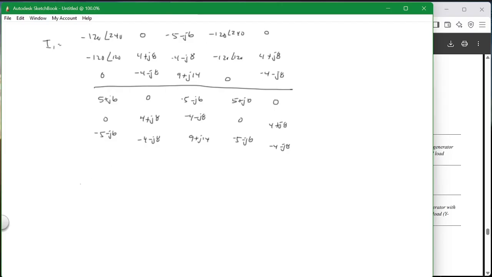So the multiplication at the top is minus 120 at angle 240 times 4 plus j8 times 9 plus j14, plus 0 times minus 4 minus j8 times 0, plus a minus 5 minus j6 times minus 120 at angle 120 times minus 4 minus j8.